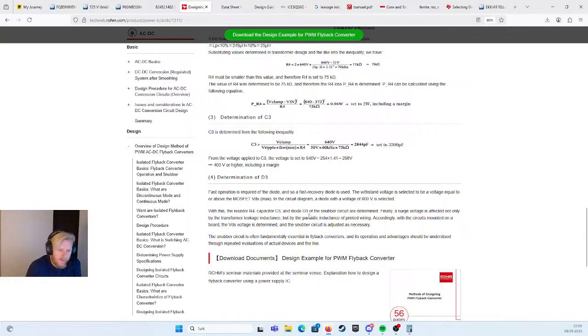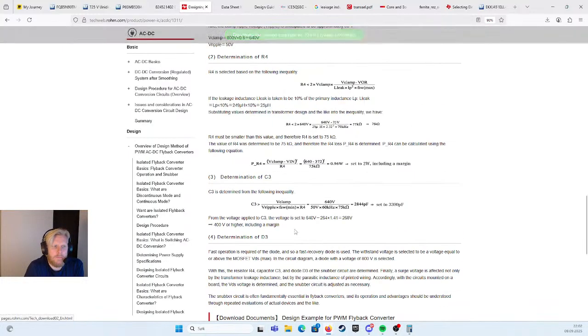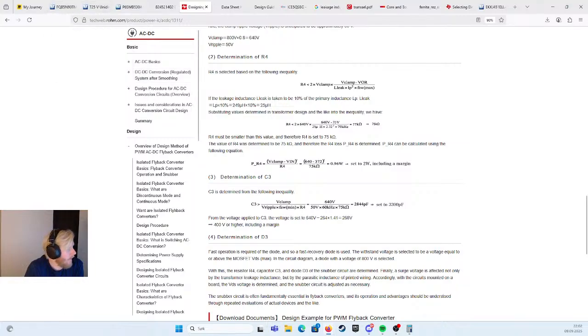With this, the resistor. That's really cool, actually.